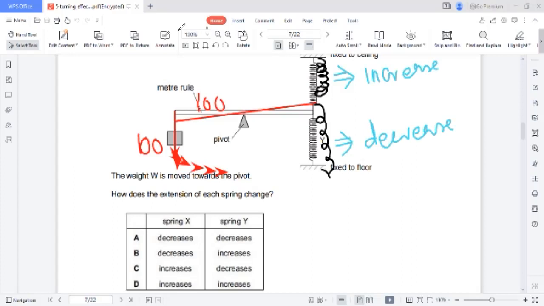So the possible option is: X increases here and here, and Y is decreasing. Y decreases here and Y decreases here. The rest of the options are incorrect. So our option is this one.